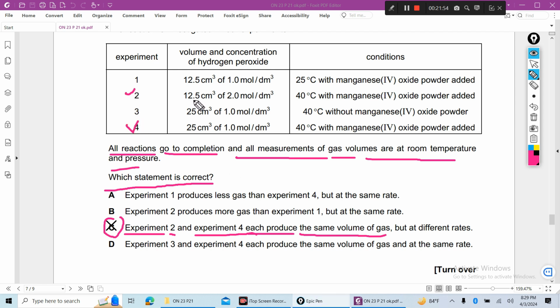if you count the moles, 2 into 12.5 divided by 1000, so the number of moles will be 0.025.